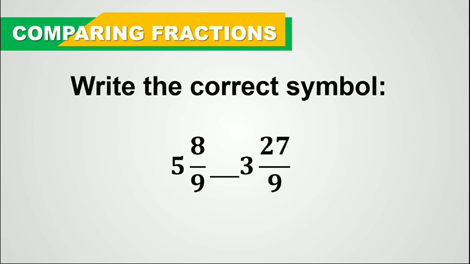Here, its fraction is definitely lesser than this, right? Because if you simplify 27 over 9, that is 3. And then 3 plus 3 is 6. And then this is just 5 and 8 over 9. So this one is lesser than the other. Therefore, 5 and 8 over 9 is lesser than 3 and 27 over 9.